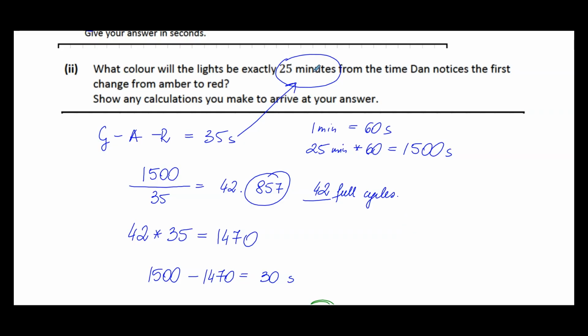For example, maybe you can change minutes to seconds. Maybe you can multiply 35 by some number, trying to figure out how many full circles I am going to have. Do some sort of analysis. Even if you write some of them with words, you will still get the points.